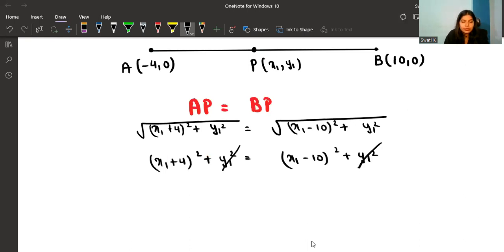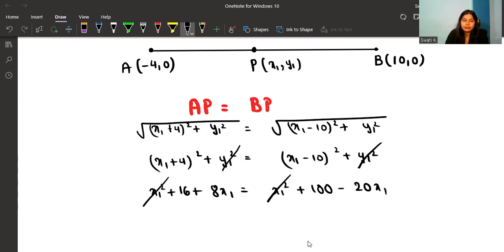So what is this? (x1 plus 4) whole square is of the form (a plus b) whole square, which is a square plus b square, that is 16, plus 2ab, that is 2 times 4, 8x1, is equal to (a minus b) whole square, which is a square plus b square, that is 100, minus 2ab, so 2 into 10, 20, and then x1. Now here x1 square will get cancelled. So what are we getting? We are getting 8x1 plus 20x1.